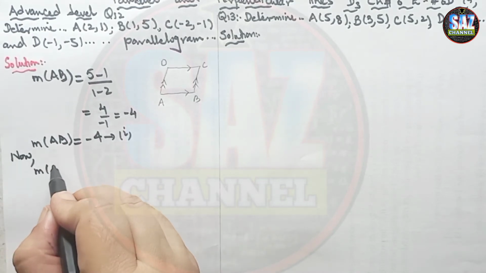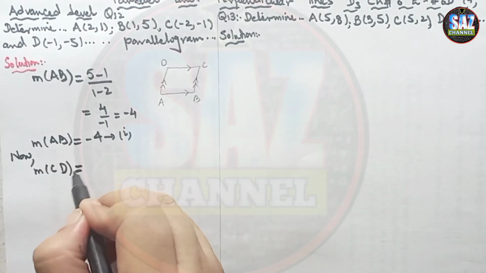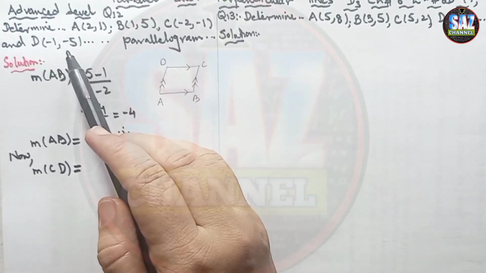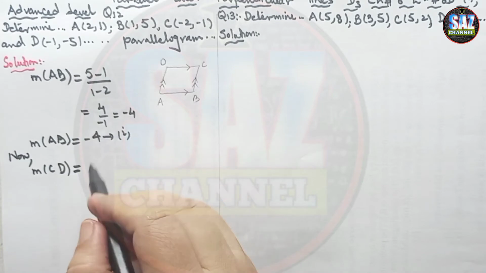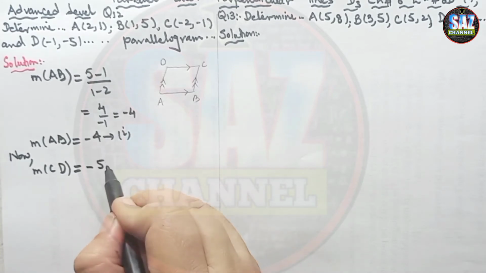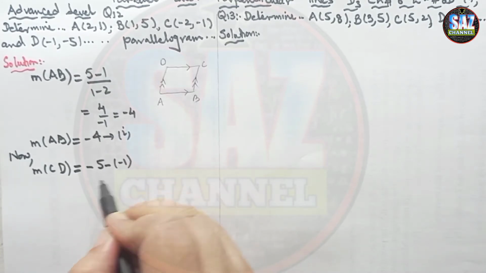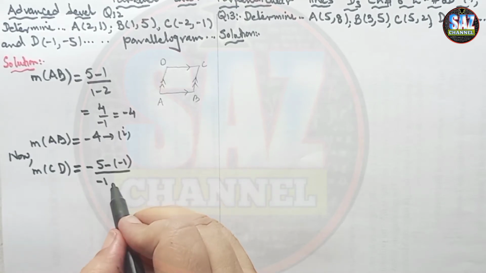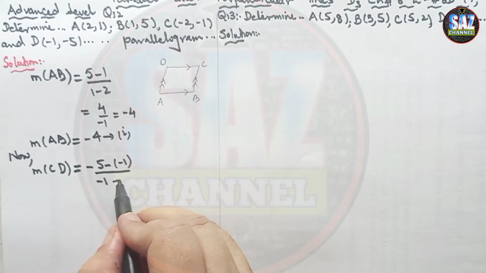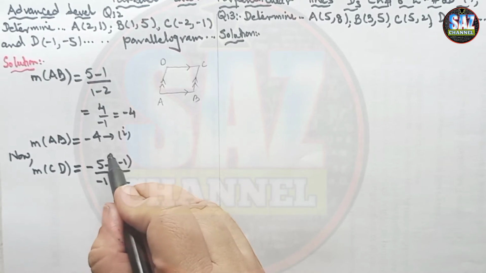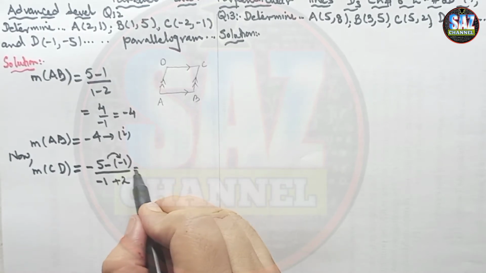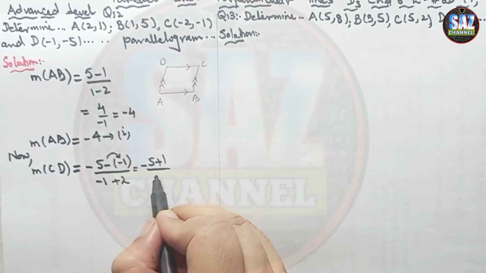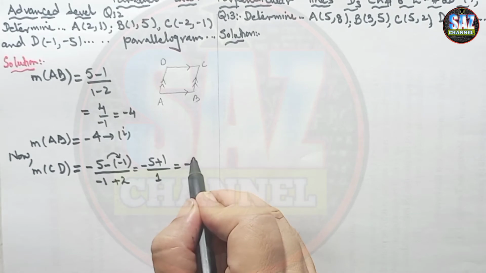Gradient CD equals, taking C and D, y2 minus y1, minus 5 minus minus 1, upon x2 minus x1, that is minus 1 plus 2, and this will give me a positive sign. This is minus 5 plus 1 upon 2 minus 1, which is 1, which is equal to minus 4.